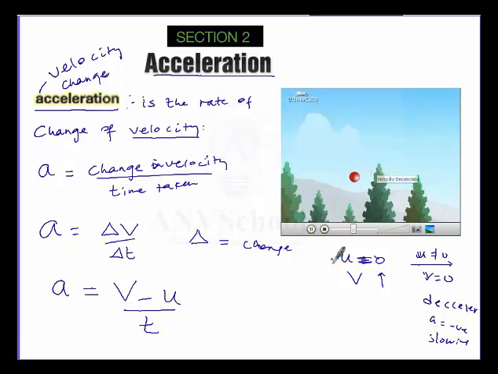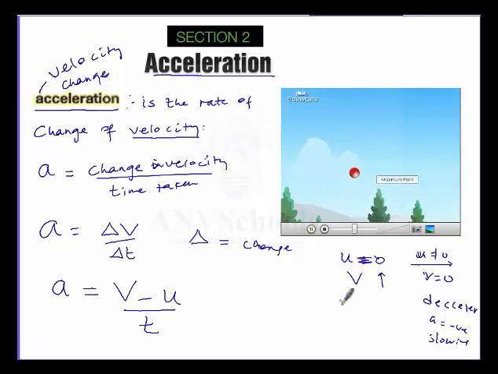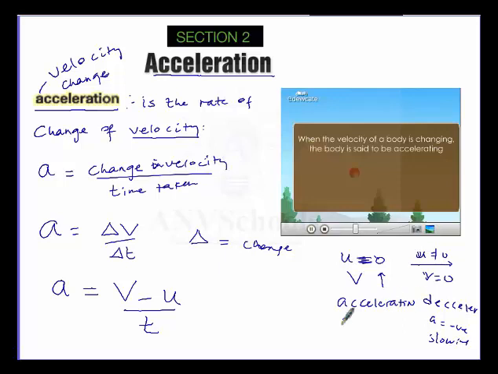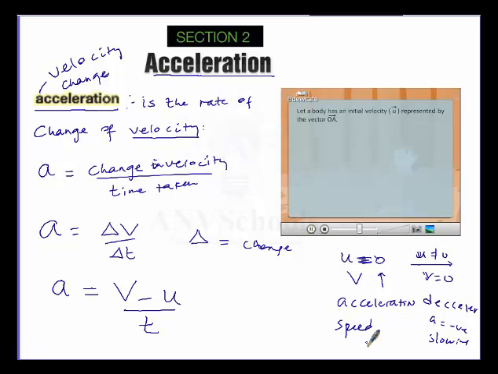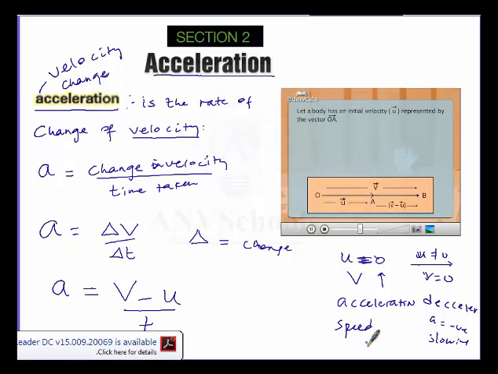So in this case, the train is accelerating, or speeding up. When the velocity of a body is changing, the body is said to be accelerating. To have an acceleration, the velocity of the object has to change. That's what you have to know.